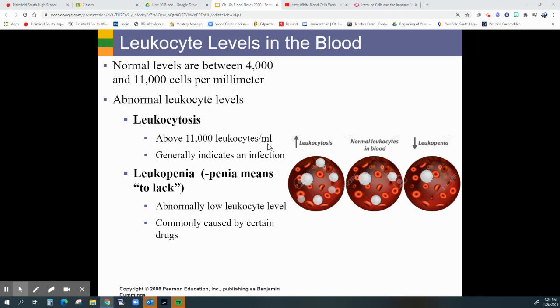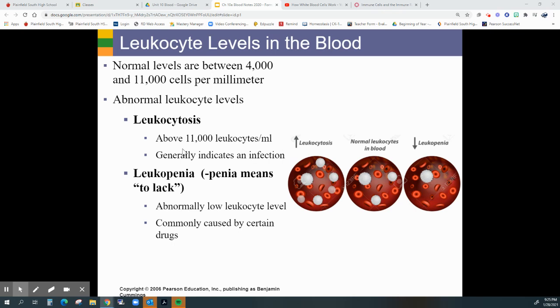If that happens, we usually would suspect that this person most likely has an ongoing infection, and their body has tried to mount a defense against that infection, or they could have some sort of cancer or some sort of immune response that's causing this. So certain types of arthritis, right, is an immune response.